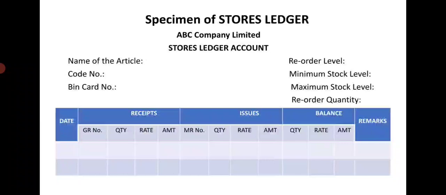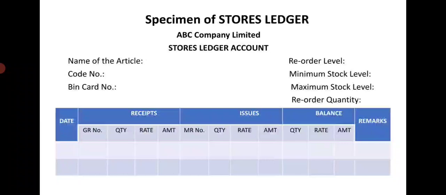So second one is material returned to suppliers or vendors. Materials purchased from the vendors or suppliers may sometimes be returned to vendors when the materials received are not according to specification, or damaged, or in excess. When the materials are returned to vendors or suppliers, they should be entered on the issue column of the stores ledger account.